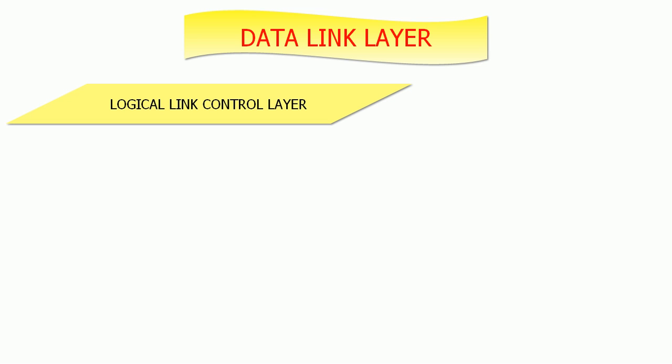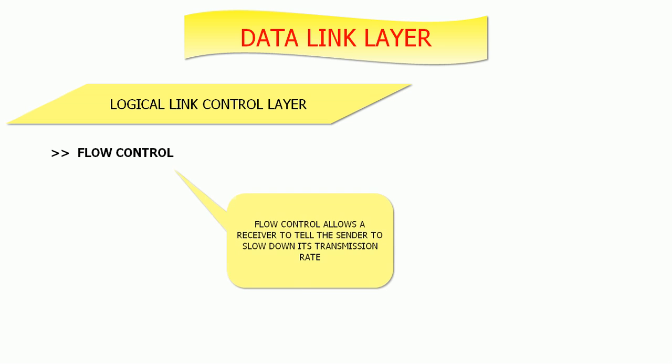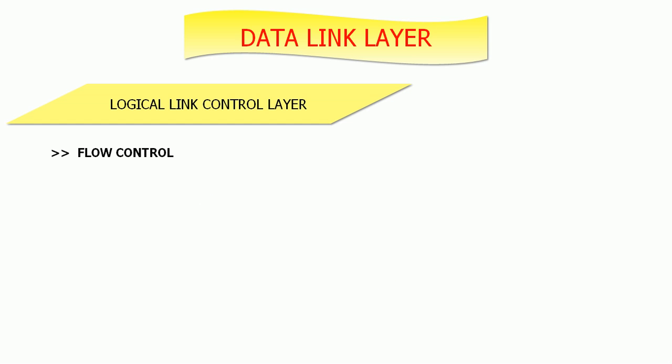One of the responsibilities of the logical link control sublayer is flow control. Flow control, for example, is if one PC is sending data at a higher speed than the other can receive it, then the other PC can tell the first PC to slow down its transmission rate so that the frames are not lost. This layer also looks at error control.